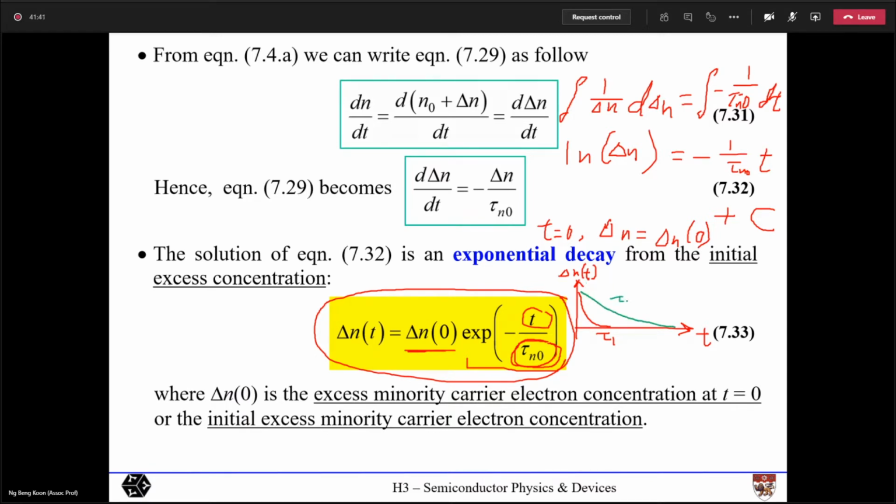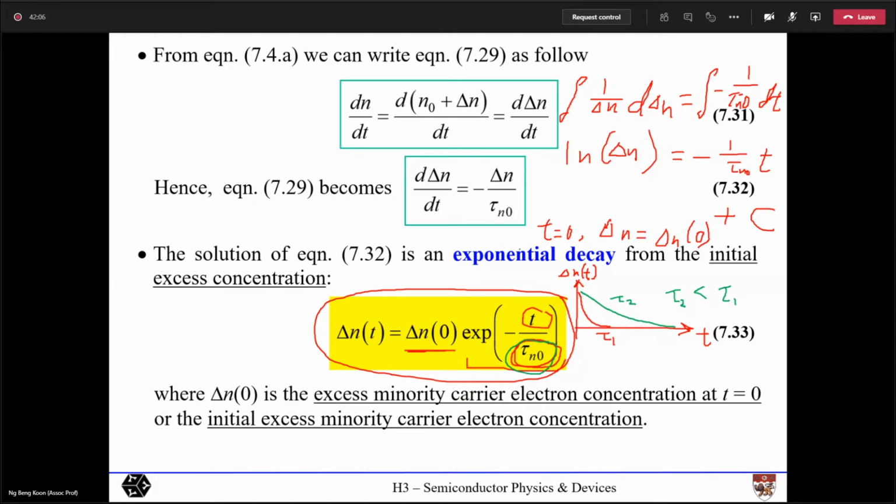Let's say this is tau 2, where of course tau 2 is smaller than tau 1. So this tau value in the denominator of the exponential function is a characteristic time. It's like a decay time. That's why we call this a minority carrier lifetime.